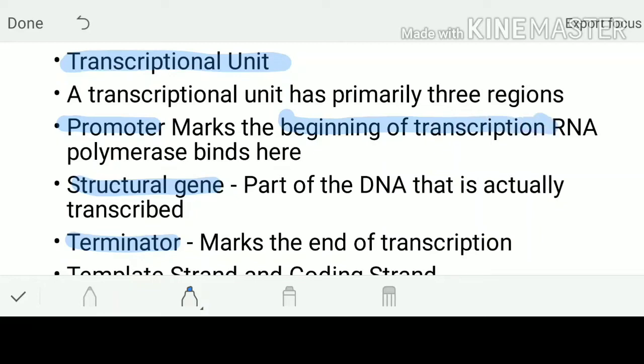The structural gene is what is actually transcribed, the gene responsible for the formation of the protein. And last but not least, the terminator ends the transcription. So the promoter is the beginning, the structural gene is the actual transcription, and the terminator is the end of transcription.